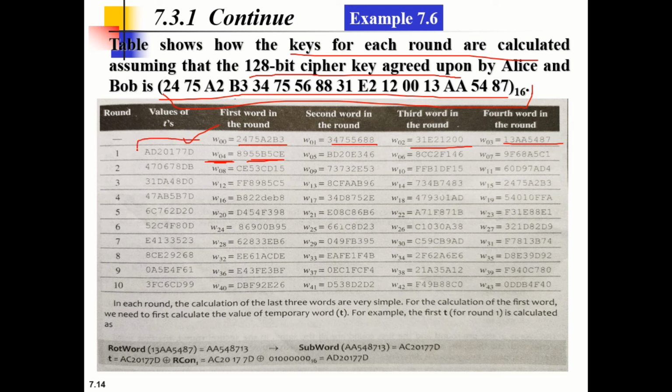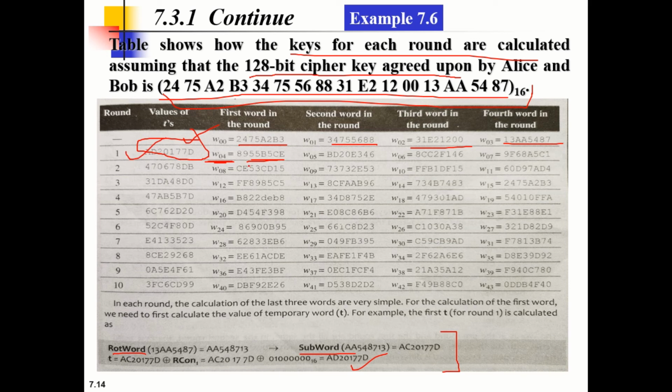So this is the value of T for each and every round, which is calculated using that RCon table, and the rotation operation and the substitution operation. One value of T is shown over here after calculating it. So we can use this value of the temporary word for round 1.